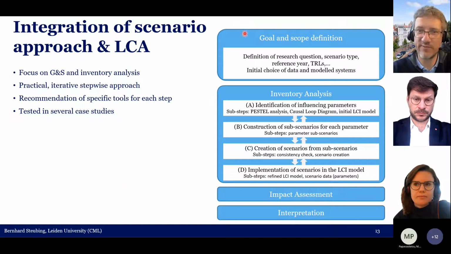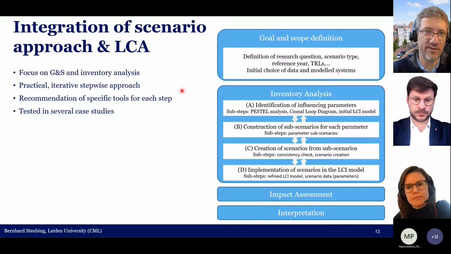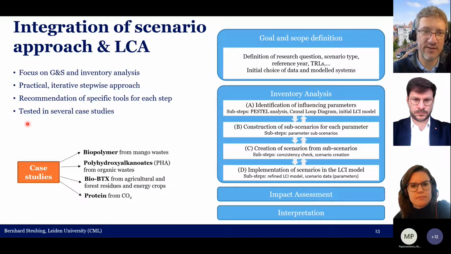We did that for the first two phases of LCA, goal and scope and inventory analysis. We present a practical, iterative, and stepwise approach. For each step, there are specific tools to be used and recommendations given on other tools available as well. And this methodology has been tested in a number of case studies, as you can see down here.